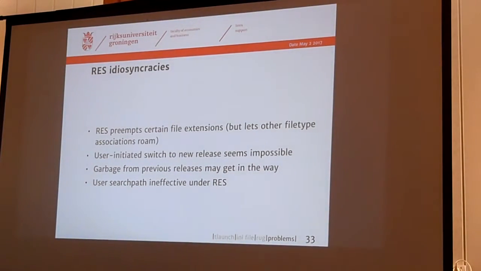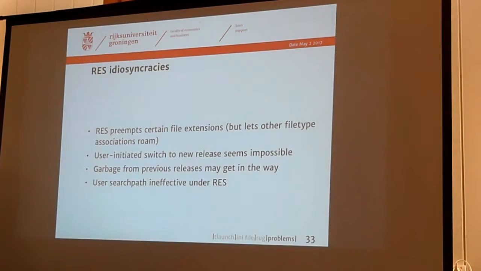There are file extensions that you cannot configure, that the rest will always override. And if I want to switch from one release to the other, the only way that it seems to work is that I just tell the IT people that they have to switch, and then that's for everybody at once.